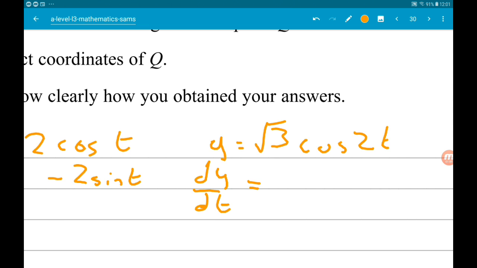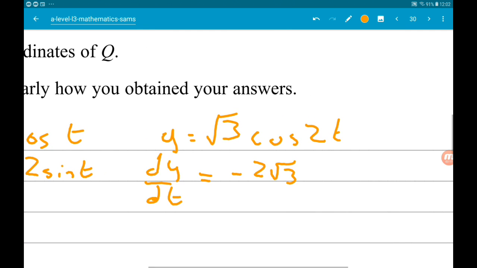So 2 times then the derivative of cos, which is minus sine. So we get minus 2 root 3 sine of 2t.